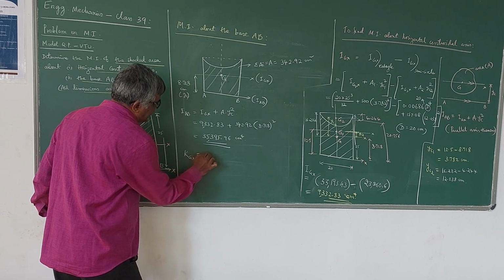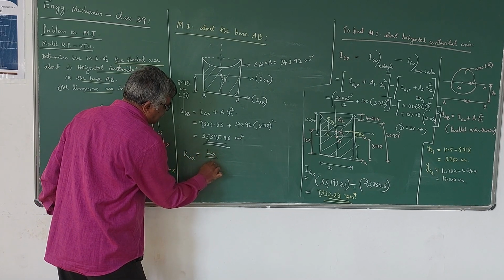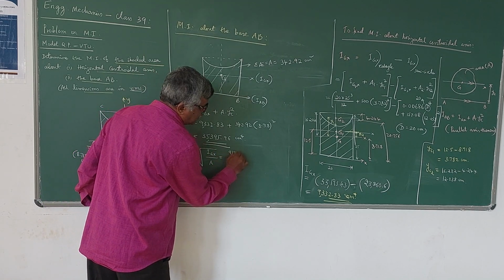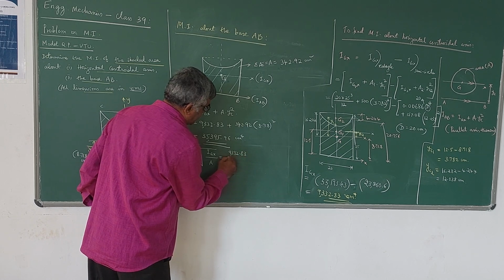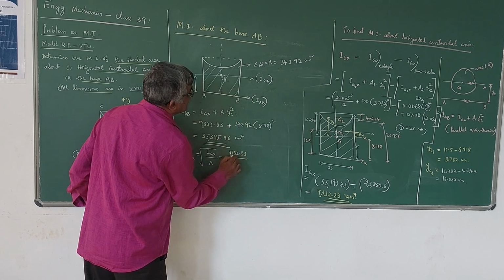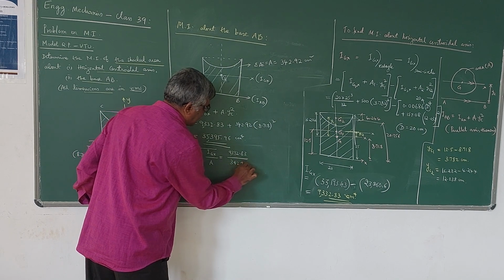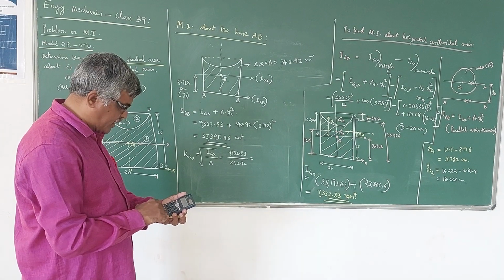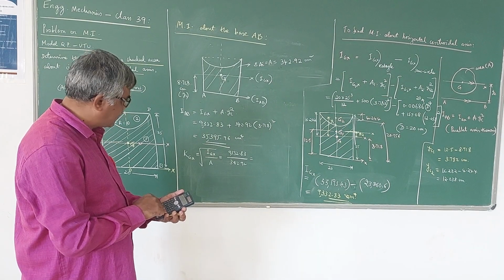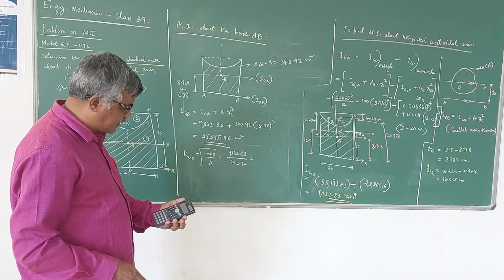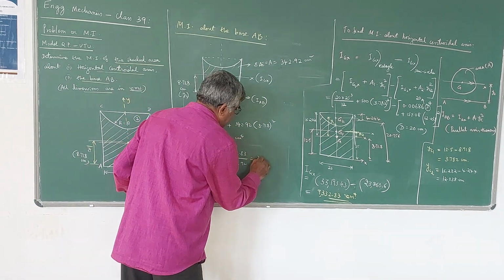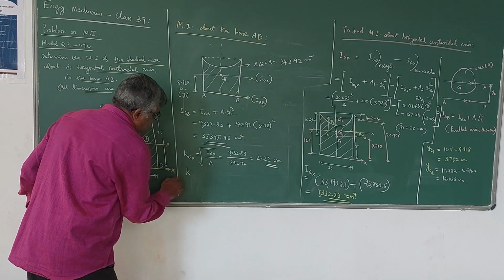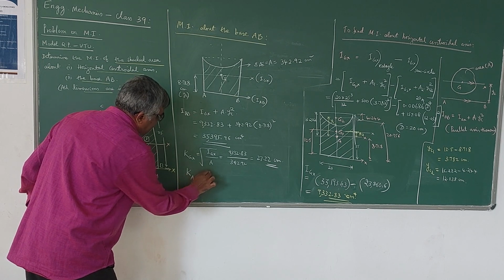KGX will be the square root of IGX by A, which is 9332.83 divided by A, 342.92. So the value is 27.22 centimeters.